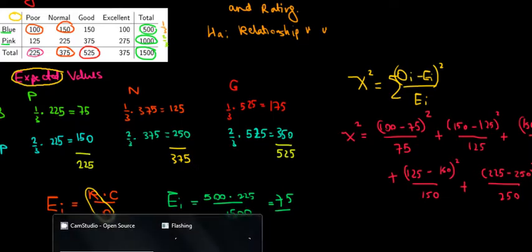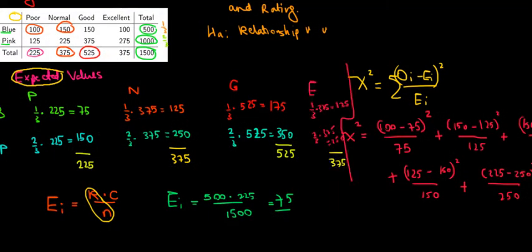So just a second. I just filled in these last cells real quick. It's also a third of the total value for the excellent rating, so that's 125, and then 2/3 is going to have the pink color, which is 2/3 of 375, which is 250. The math adds up to 375.